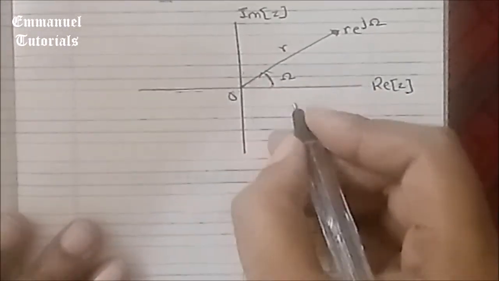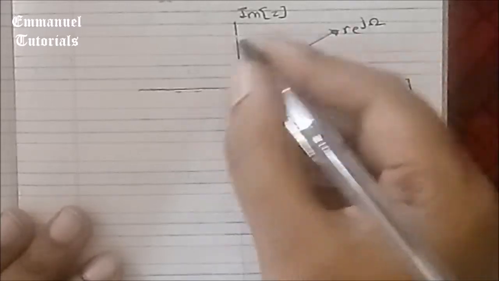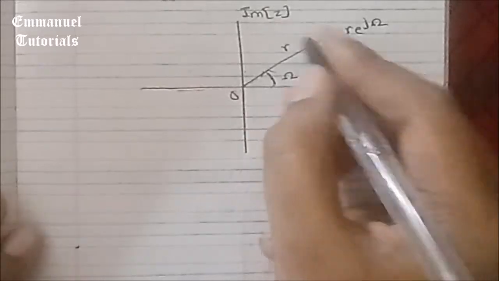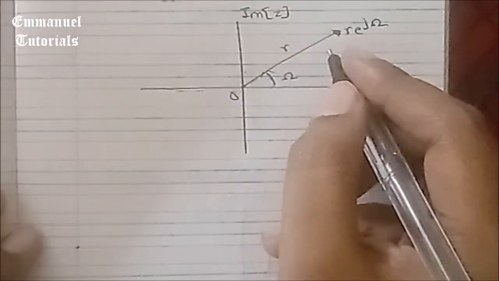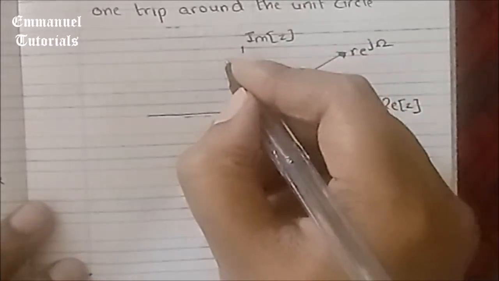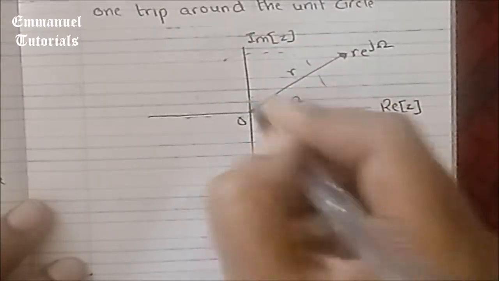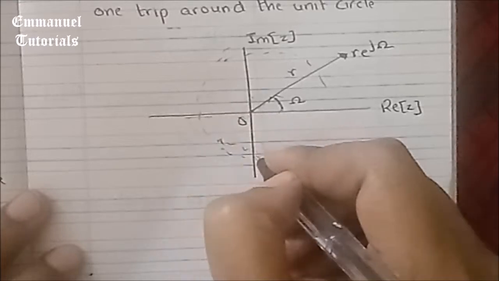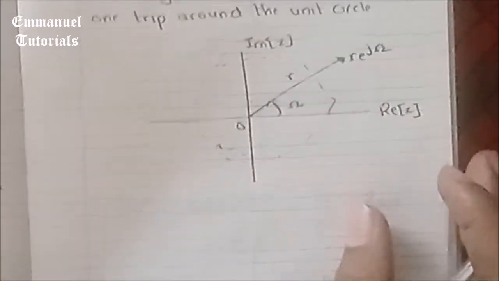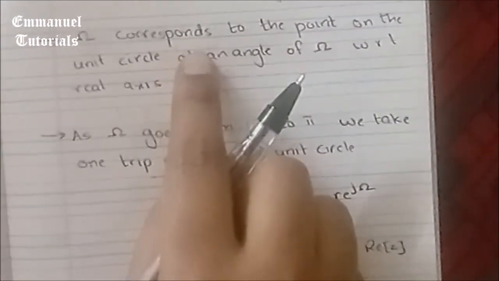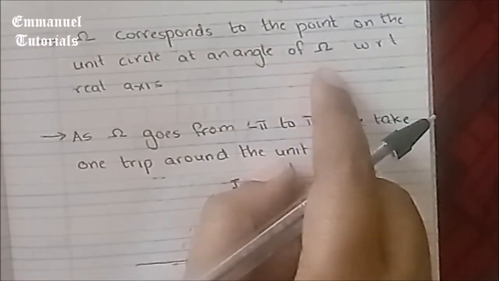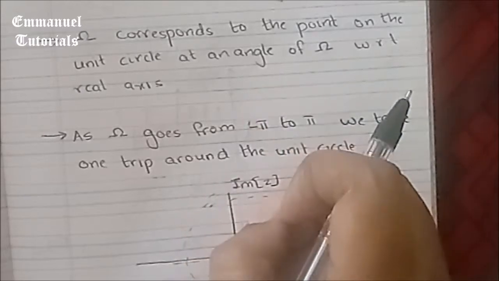So if you just consider that R is equal to 1 and you completely trace the value of omega around the axis, then it will denote a circle with radius 1. So this is called the unit circle. Now omega corresponds to the point on the unit circle at an angle of omega with respect to the real axis.